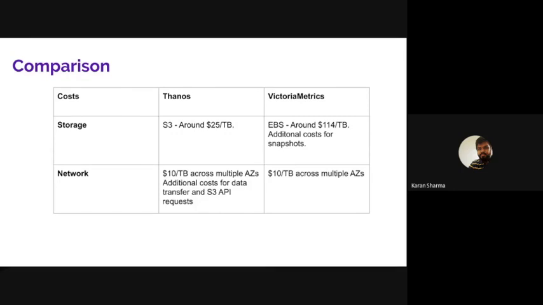And network: in S3, as you know, or any kind of object store, you are charged for all the data requests and all the network bandwidth, apart from all the networking that you have to spend across availability zones. The same is true in VictoriaMetrics, but minus the S3 or the GCS part.